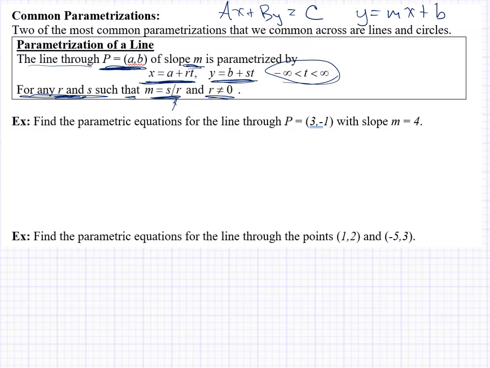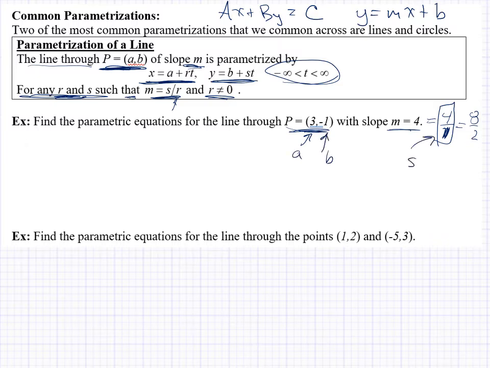So, let's look at an example. Find the parametric equations for the line through (3, negative 1) with a slope of 4. Well, one way we can write 4 is as 4 over 1. Or we could write it a bunch of other ways, right? We can write it as 8 over 2, etc. But let's just usually keep it in simplest form. So let's go with 4 over 1. So this is your a, this is your b.